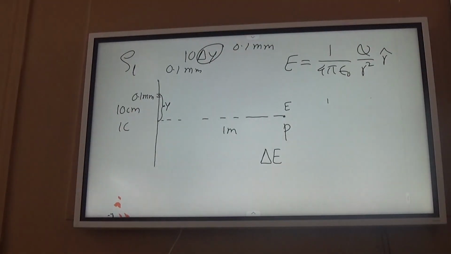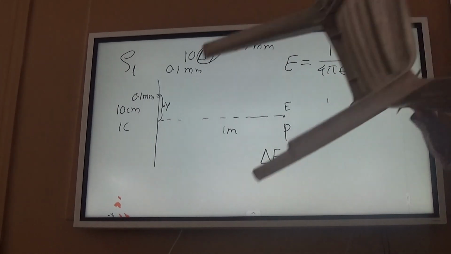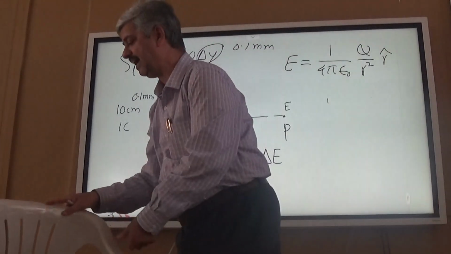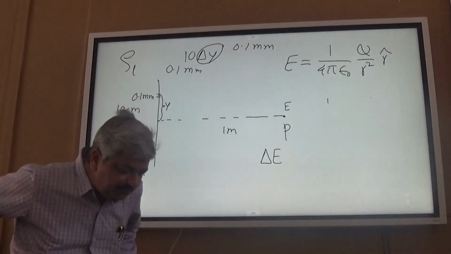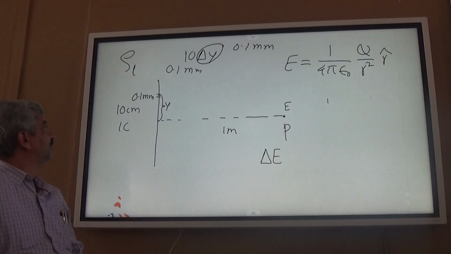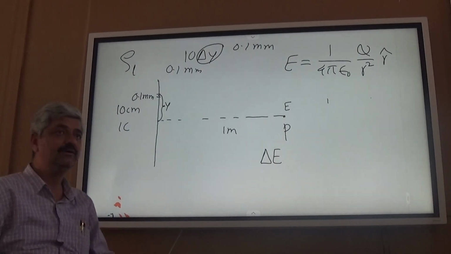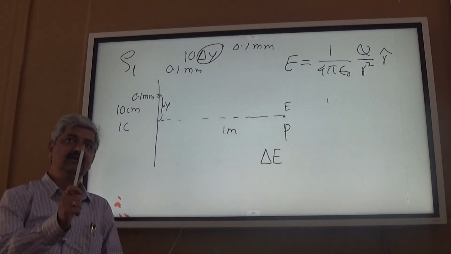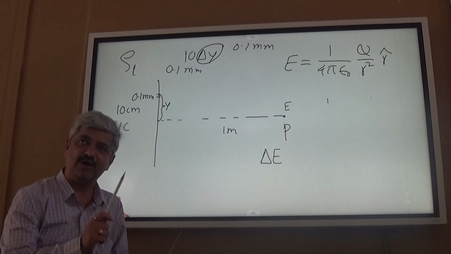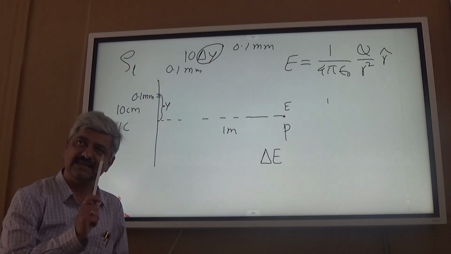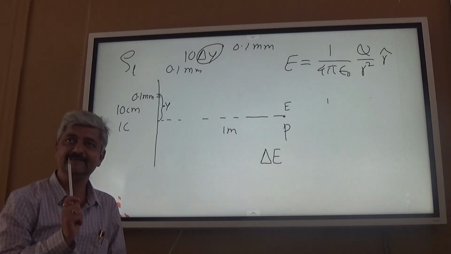The question is, there is one line of length 10 centimeters, carrying a charge of 1 coulomb, right? And I have to calculate the electric field E at a point 1 meter away from the center of the line.